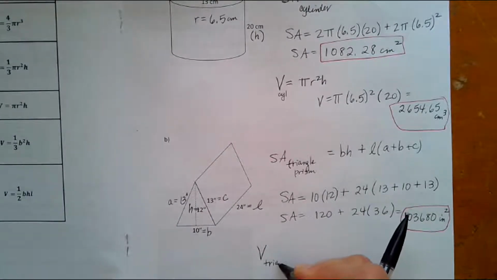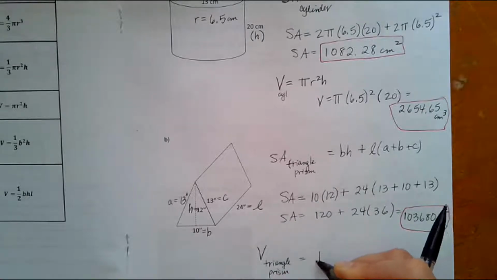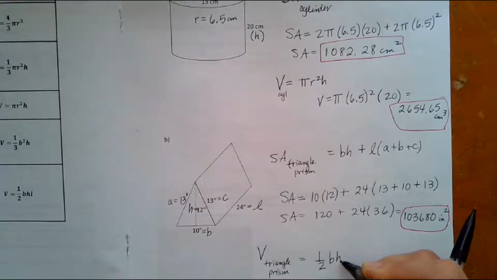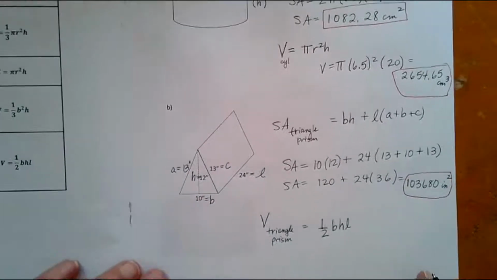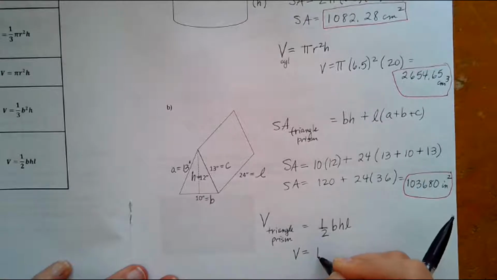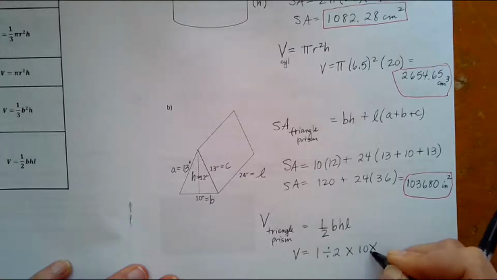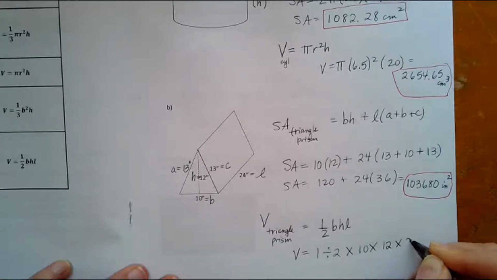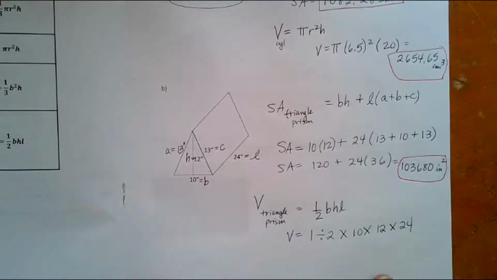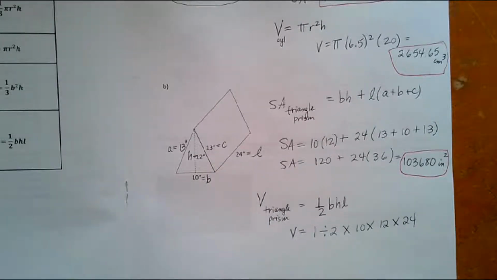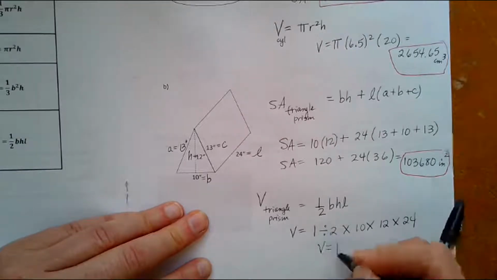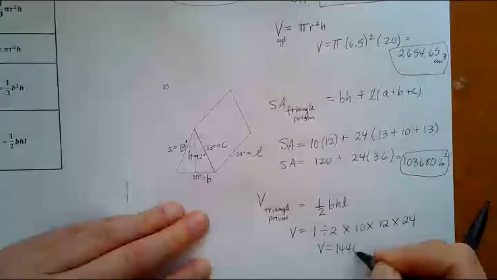Volume of triangular prism is 1/2 times B times H times L. So 1 divided by 2 times 10 times 12 times 24, and I get 1440 inches cubed.